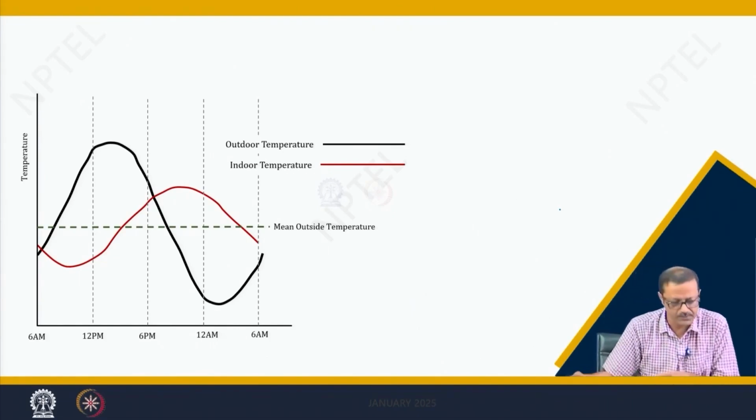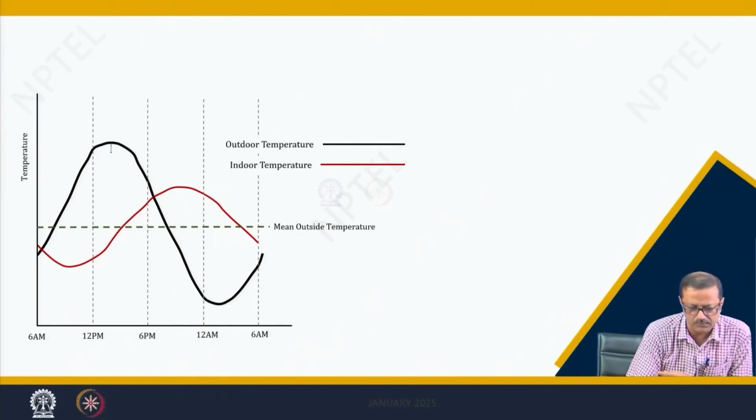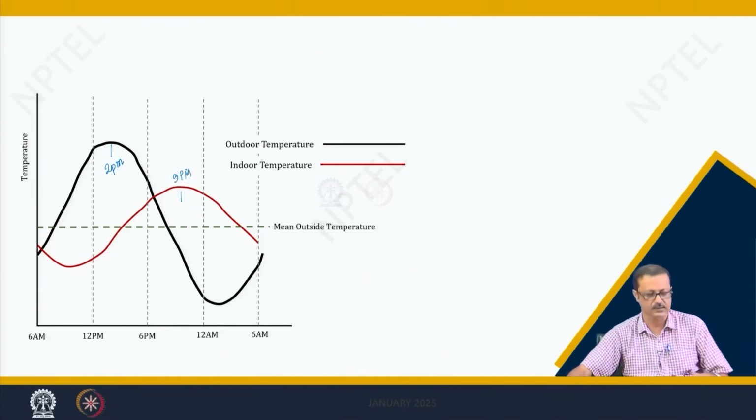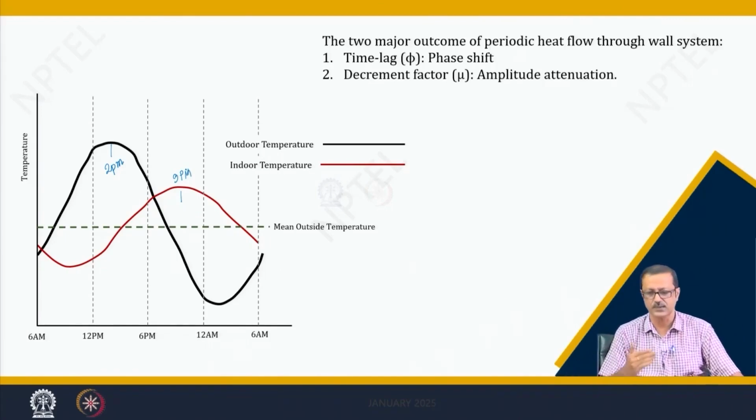Maybe around 2 PM the peak is there in the outdoor temperature, but the peak in the indoor temperature is almost about 9 PM or so. So, there is a difference. Two parameters are taken to capture this.